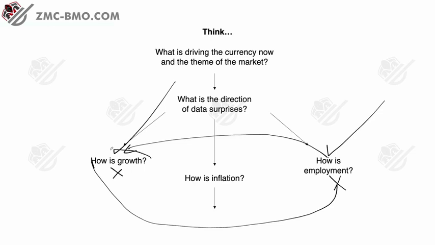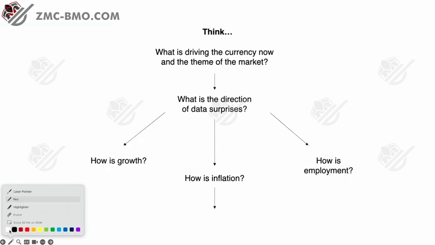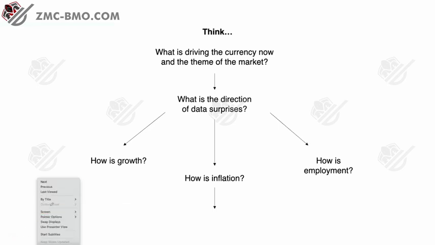If growth is bad, inflation is likely to be bad as well. So you can see they all tie in roughly with each other. That's just an example of the market going in the proper direction, right? So these are the questions you have to ask yourself.